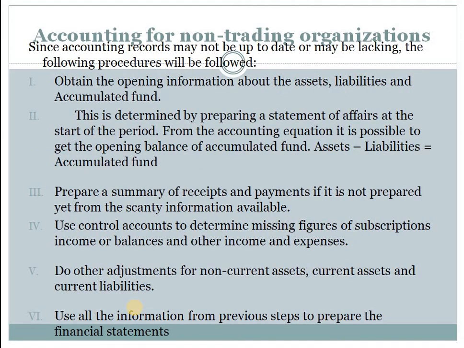Let's look at accounting for non-trading organizations. Since accounting records may not be up to date, or may be lacking, the following procedures will be followed. Even if the records are not updated, these procedures must be followed.